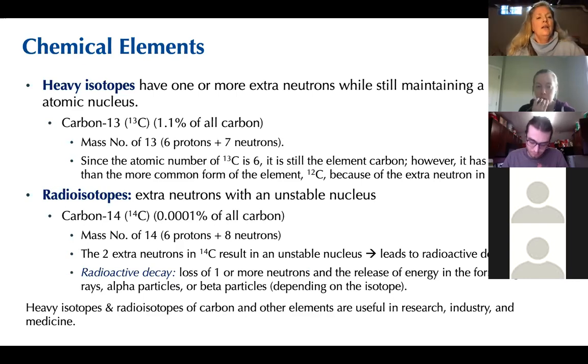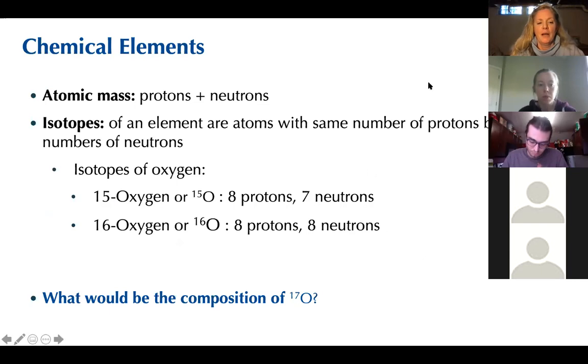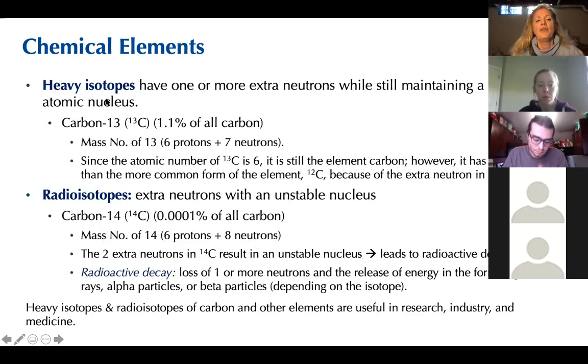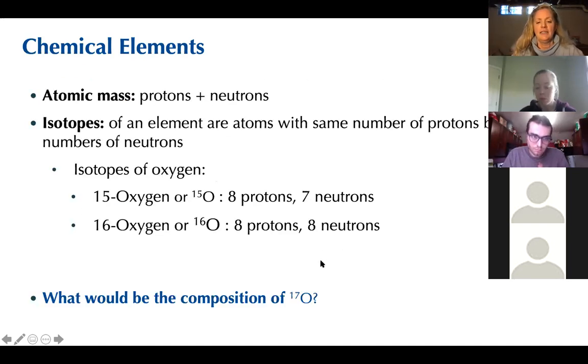All right. So when we're talking about these isotopes, which is what we're talking about here when we talk about the different oxygens, 15, 16, and 17, 16 being the common one, we can talk about whether it's a heavy isotope, like oxygen 17 had additional neutrons in it, 9 neutrons, okay?